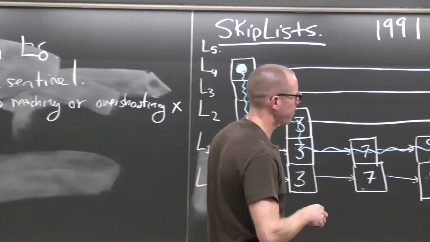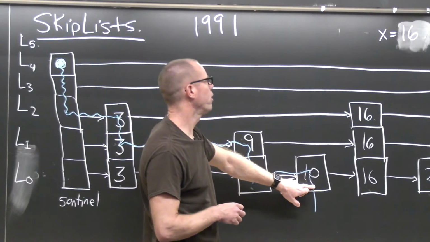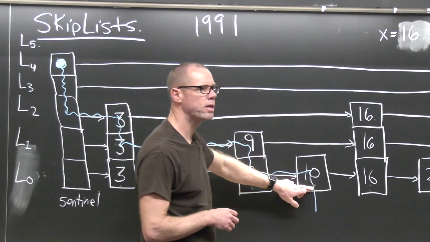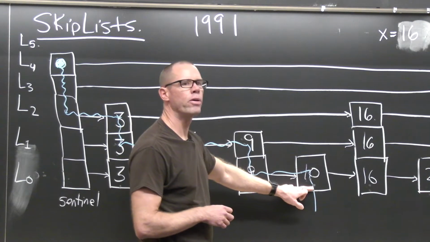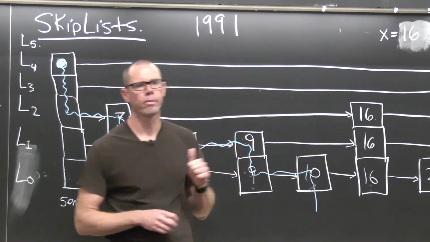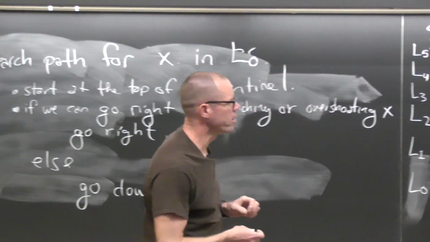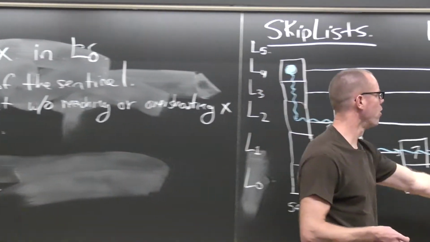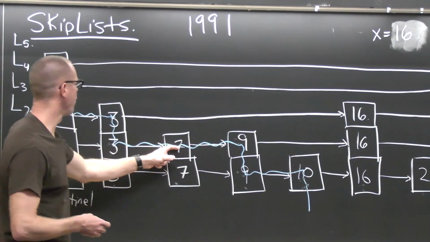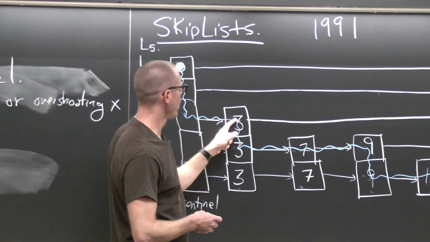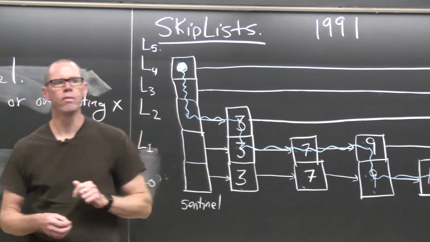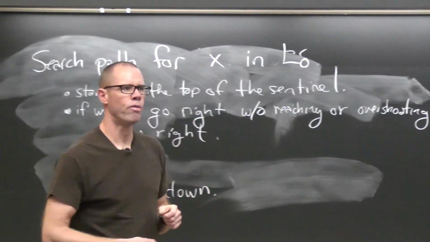You can start at the node in the bottom list, so the one that comes just before 16 in this case, and whenever you can go up, you go up, and if you can't go up, you go left. You get exactly the same search path. Here I can't go up, so I go left. Here I can go up, but I can't go up anymore, so then I go left. Here I can't go up, so I go left. I go up, can't go up anymore, so I go left, up, up, up. That'll give you exactly the same path in the reverse direction.